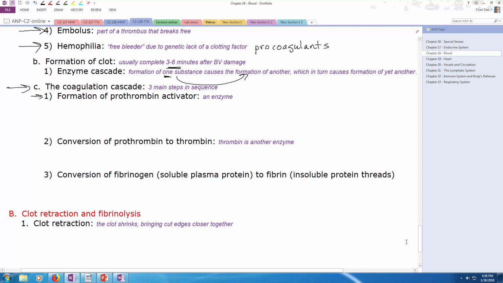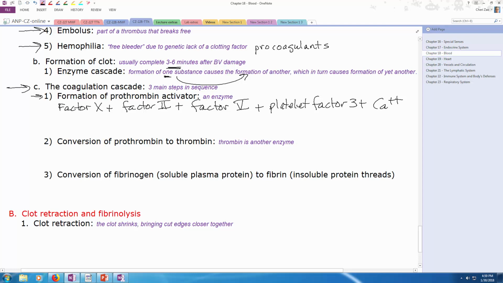So for prothrombin activator we need factor 10 plus factor 2 plus factor 5 plus platelet factor 3 plus calcium.